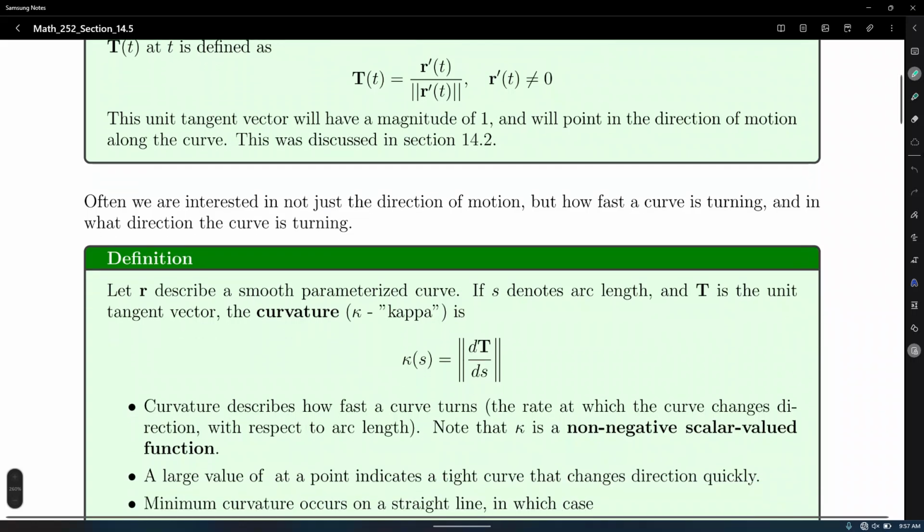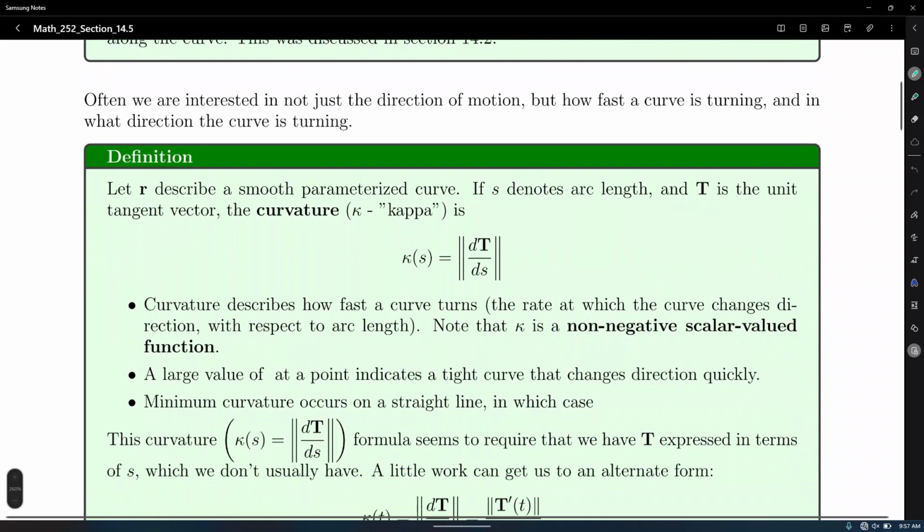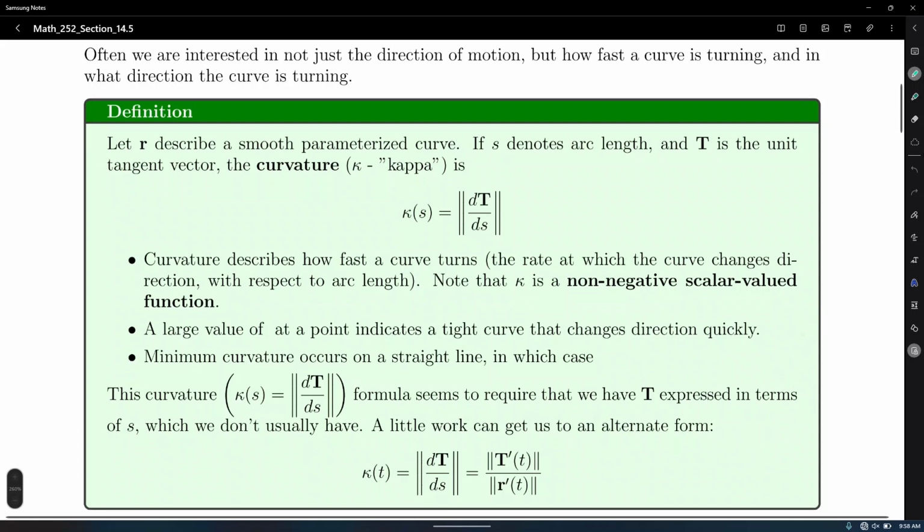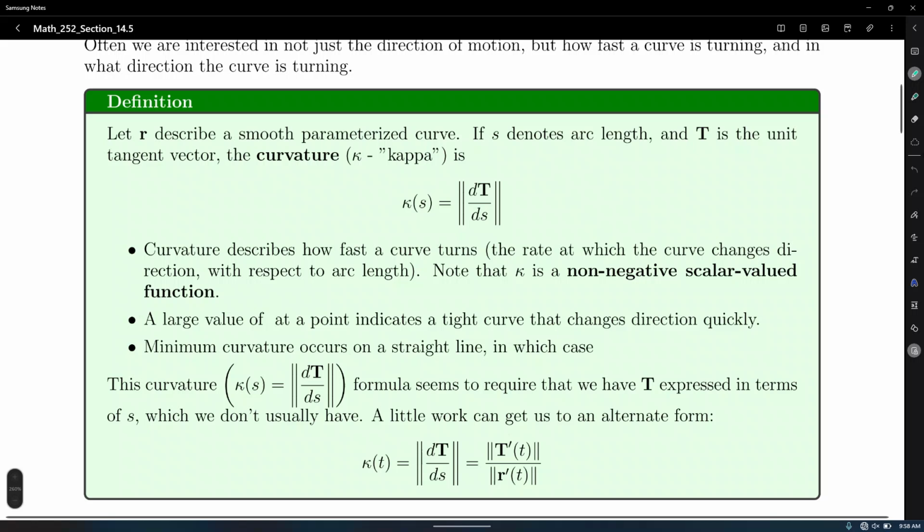So now, how do we get the curvature? Well, there's a bunch of ways to get the curvature, and just to give you the heads up, depending on the complexity of the function, there will be 2 different ways to calculate it.